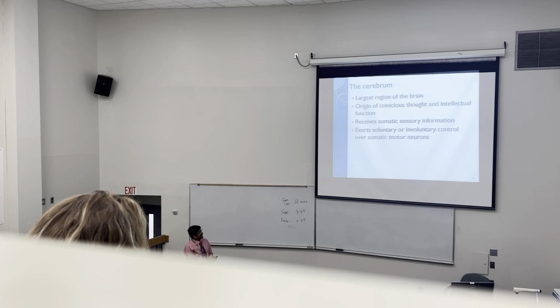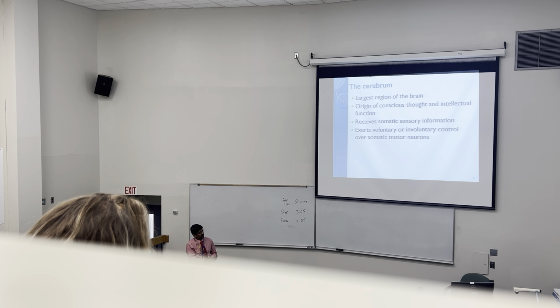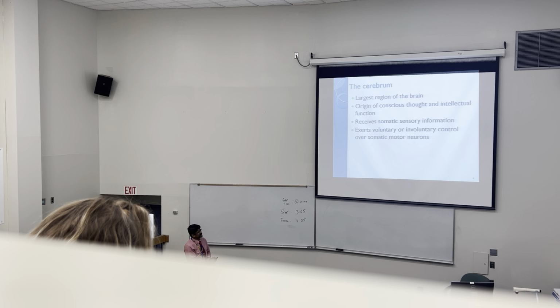We also have somatosensory information coming in. So what does soma mean? Somatosensory versus visceral. From our body, right? From skin, from joints, from muscle, that information also goes there.